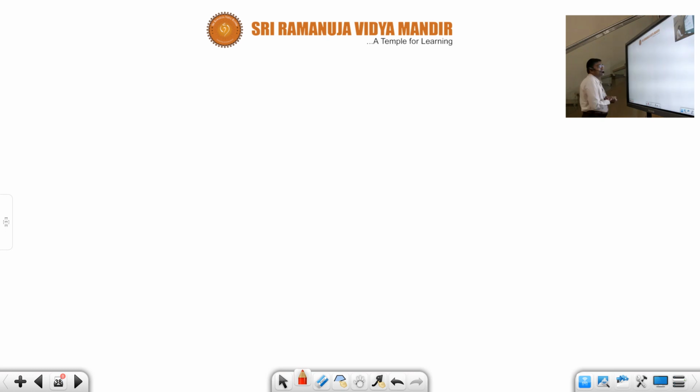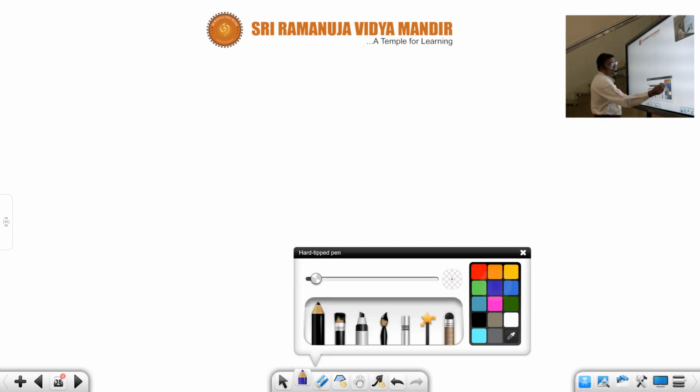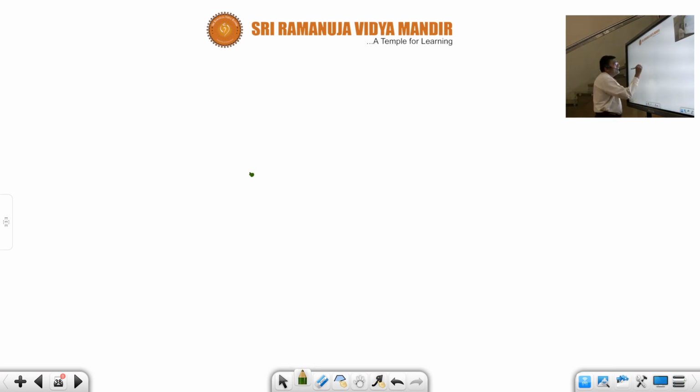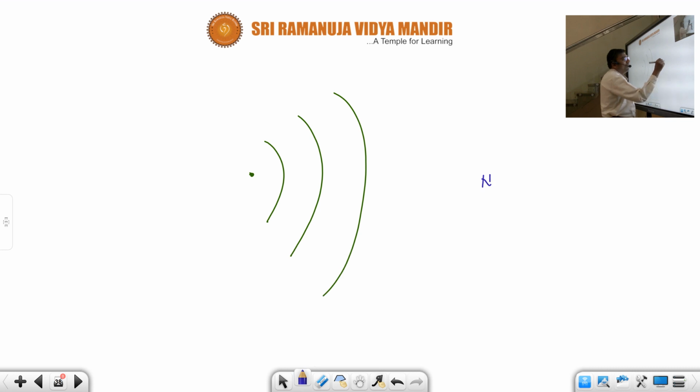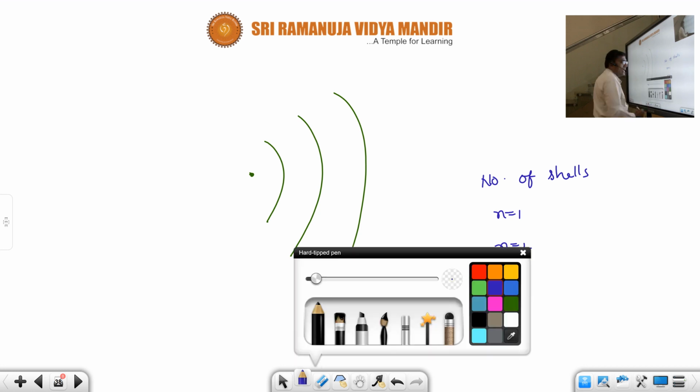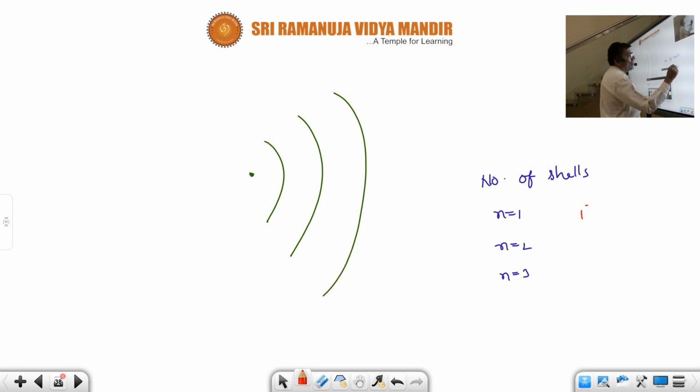Now, let us understand today the number of orbitals in the shells n is equal to 1, n is equal to 2, n is equal to 3. Let us write here: n is equal to 1, 1 square, 2 square, 3 square.